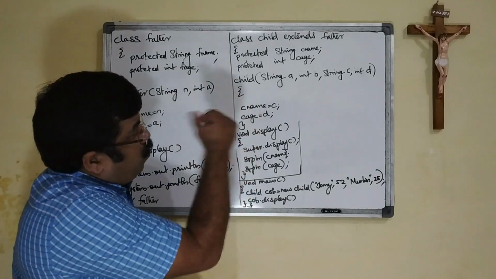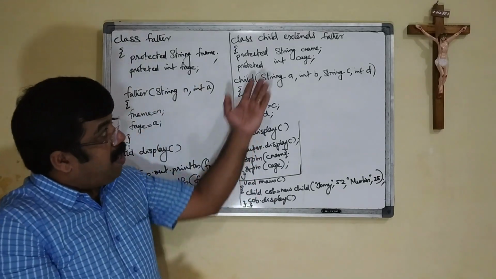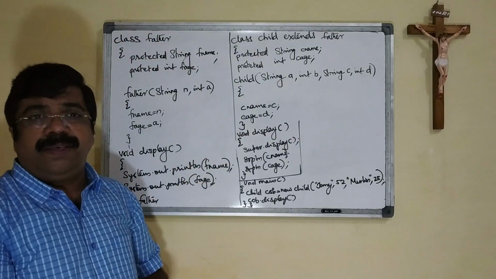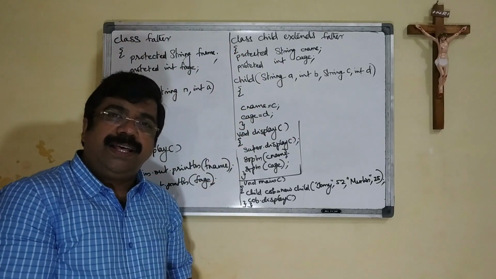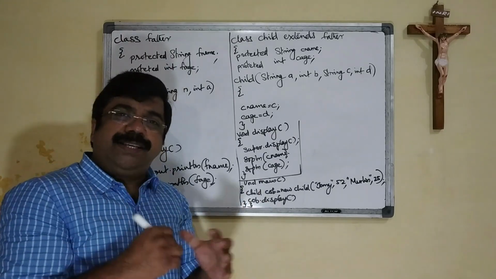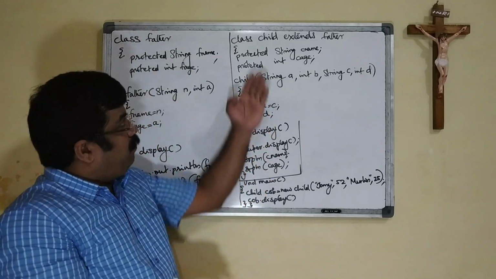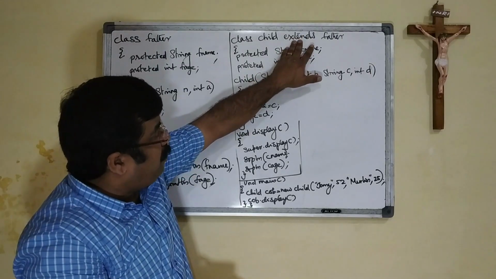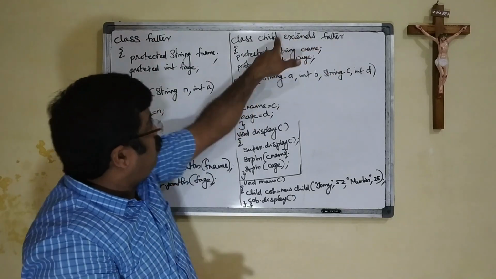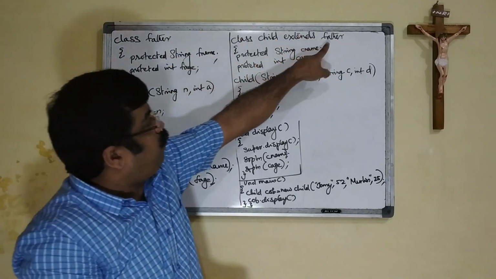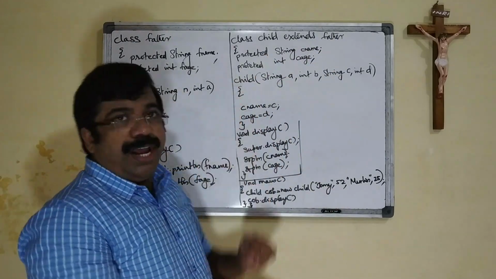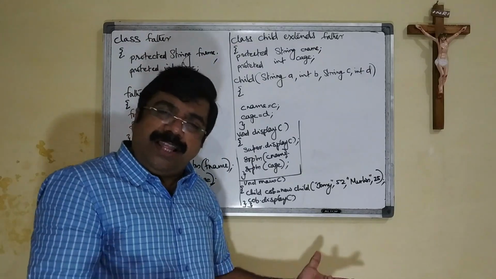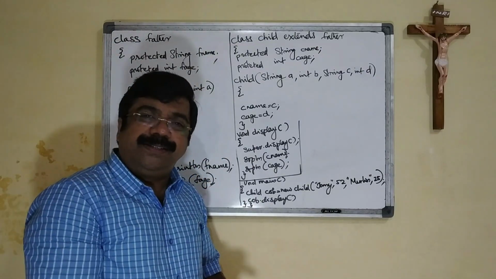Next we go to the derived class, which is named Child. As we saw in the previous class, we are using the extends keyword here, showing that Father is the parent class, the super class, and Child is the child class, the derived class, the subclass.